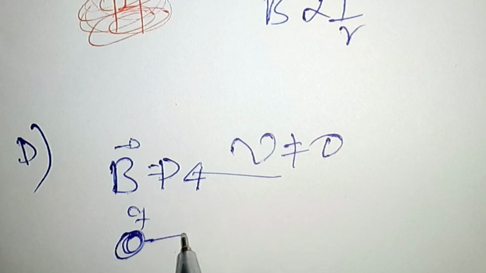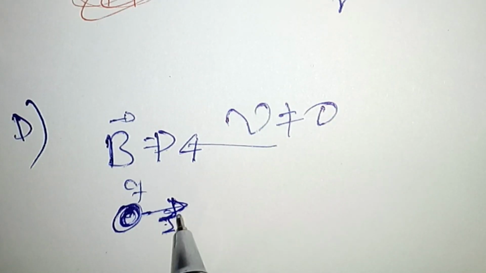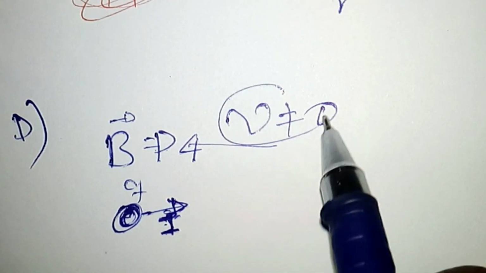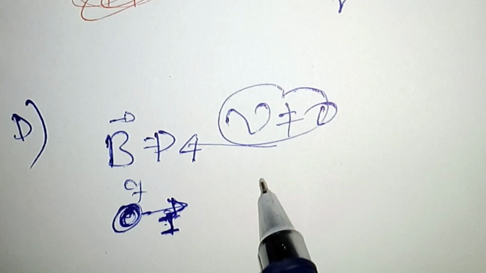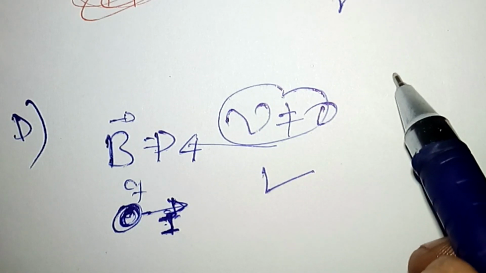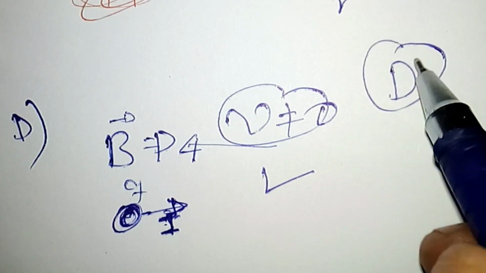A moving charge means simply a current, and current always produces a magnetic field. That means a magnetic field can be created in the space surrounding any charged object when it is in motion, or when the velocity is different from zero. So this statement is always true. So according to the question, the correct answer is alternative D.